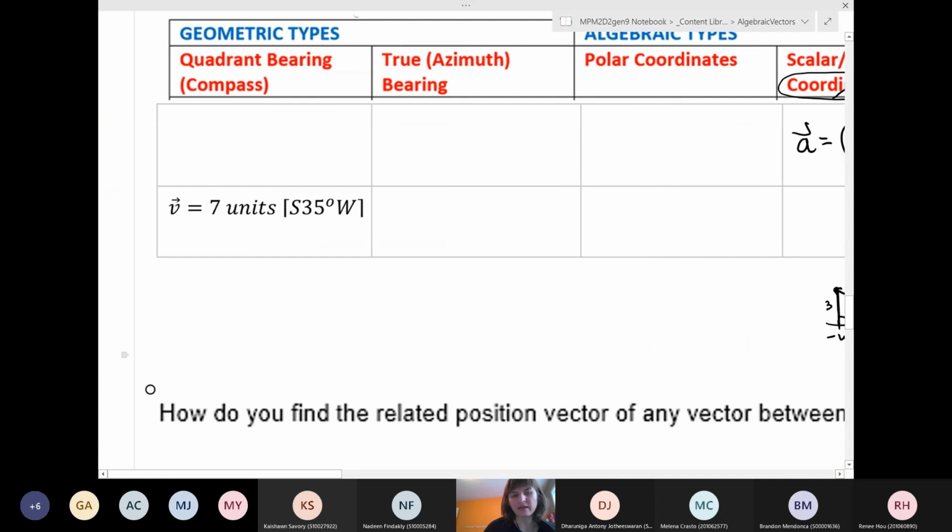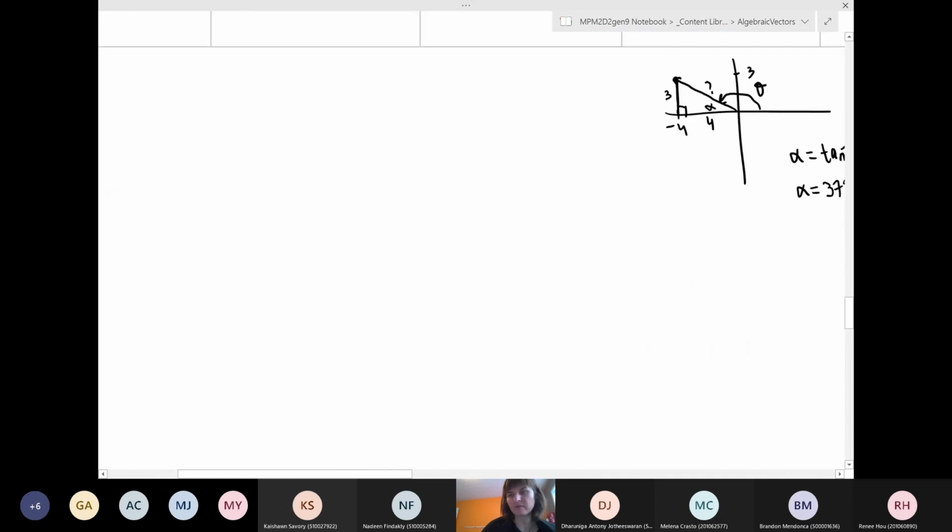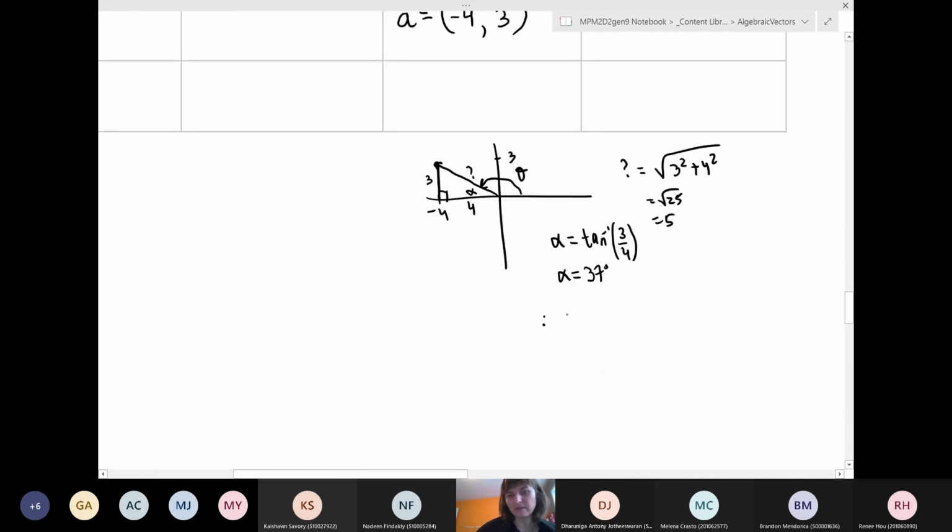And so if I wanted to say what is my theta, let me just move this down. So what is my theta, which is the rotation from positive x-axis, what would you say? Think straight line. Straight line is 180 degrees, and we have part of that straight line is already 37. So what's the other part? 143 degrees. 143 degrees.